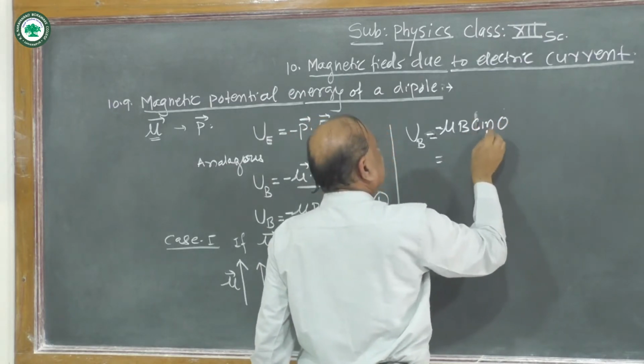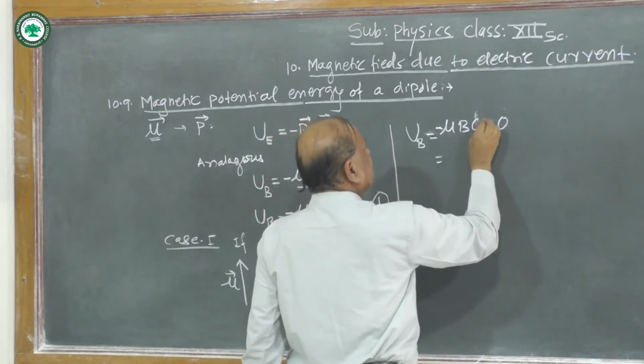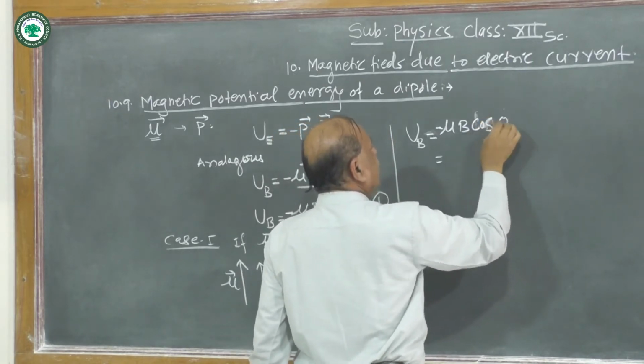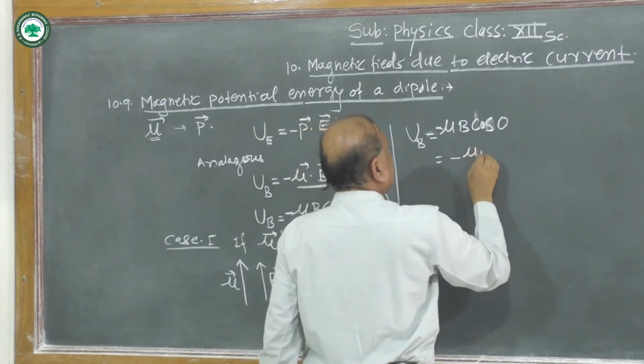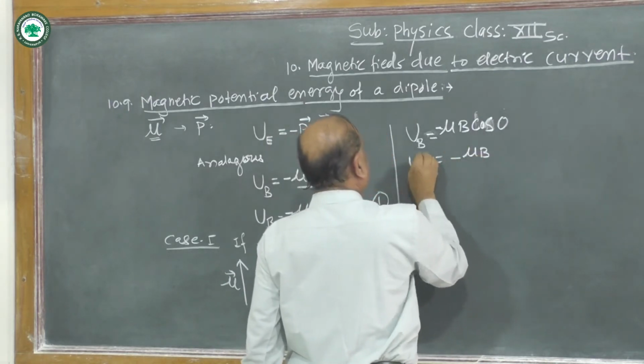Now cos 0 is 1, and therefore this value will be minus mu B.